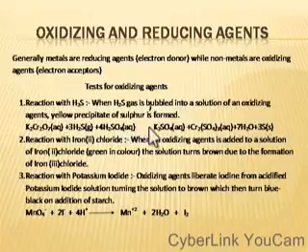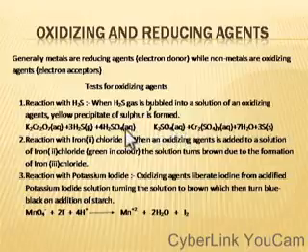is orange in color, will change to green, because the heptaoxodichromate(VI) now accepts electrons to become chromium(III), and that is why the color will change from orange to green.